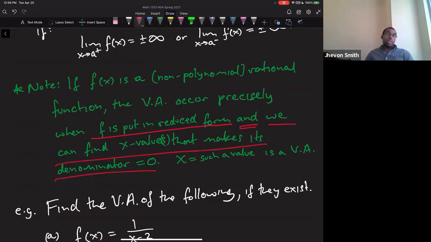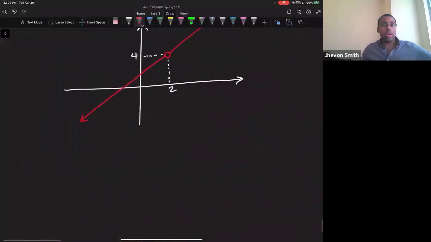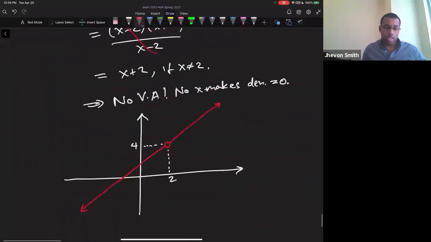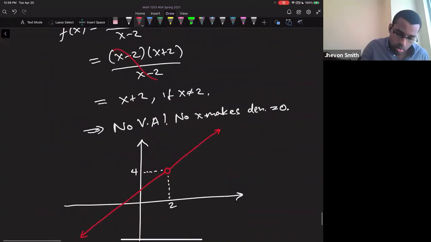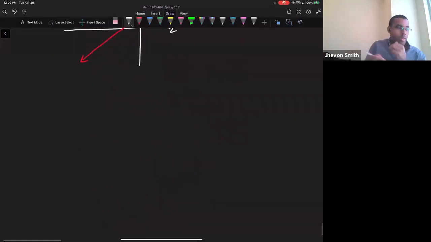So it has to be in reduced form, and we can find x values that make the denominator of the reduced form equal to 0. At least that's how it'll work for us in rational functions. So this has no VA.